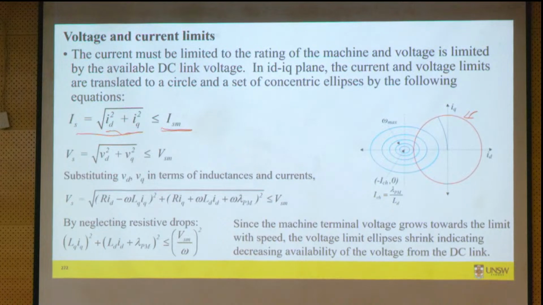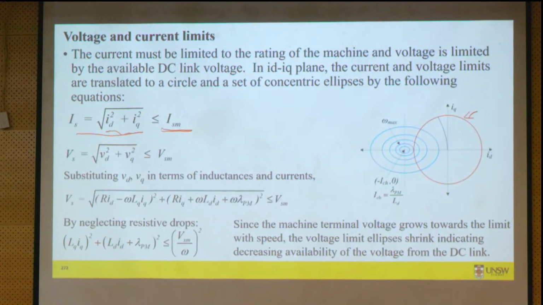Similarly for voltage, you cannot have a voltage higher than your rated voltage. Your motor voltage must be limited by the rated voltage. So the voltage equation is also like the square sum of VD and VQ must be less than or equal to the peak rated voltage of your motor.